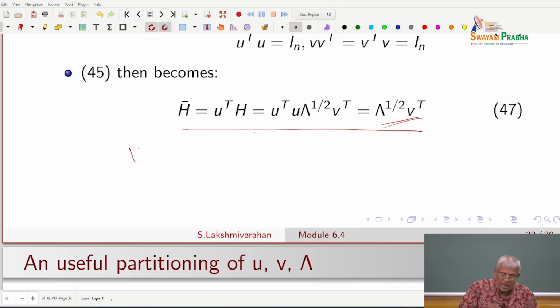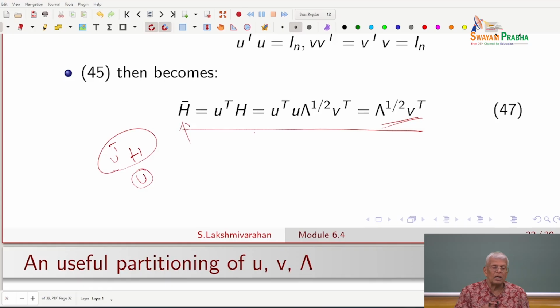So there was H, we did the eigenstructure for the smaller Gramian, larger Gramian. U is the matrix of eigenvectors for the larger Gramian. U is the matrix with orthonormal columns. So I am trying to multiply this by U transpose. So what is H bar?